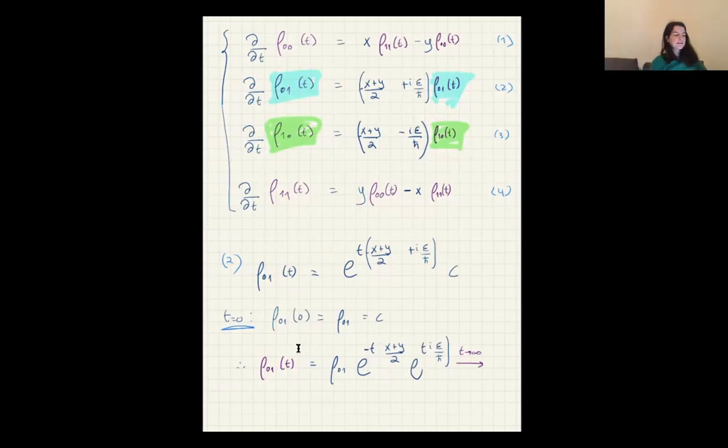So look, here x and y are both positive. This is larger than 0. And we know this because x and y were like this, absolute values of alpha and beta, right? They were alpha modulo squared, beta modulo squared. This term here is periodic, right?